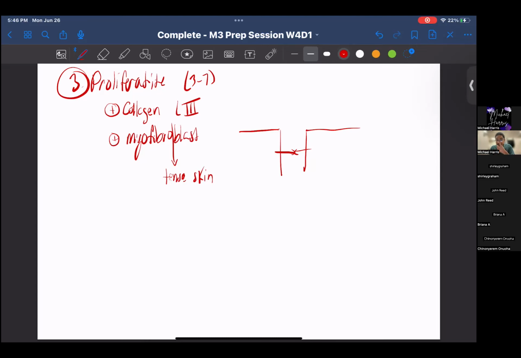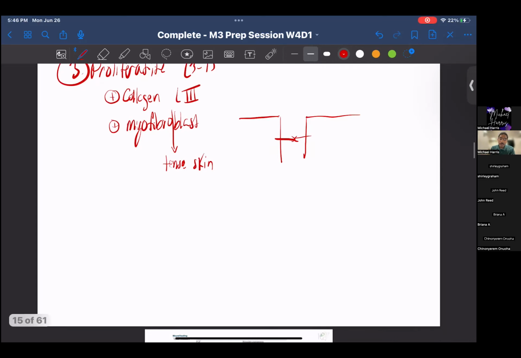Okay? That's essentially what ended up happening in those individuals. Now, at this point, we also have what is known as granulation tissue. This granulation tissue is the guy that's responsible for making new blood vessels. Okay?